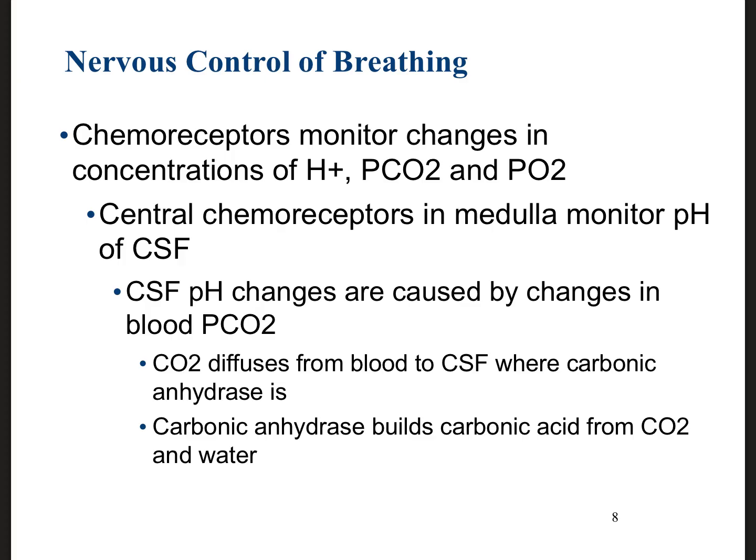CO2 usually diffuses from the blood to CSF where carbonic anhydrase is. Carbonic anhydrase, we've heard that enzyme before. Okay? It builds carbonic acid from carbon dioxide and water. So as this builds up, what happens? We end up with more of this. Okay? And then that splits into H plus and HCO3.